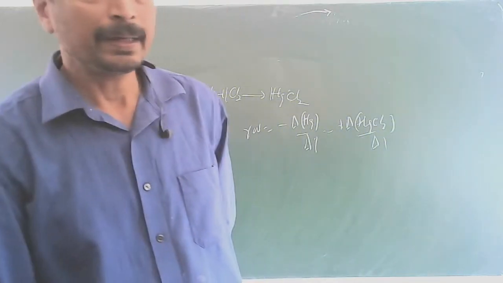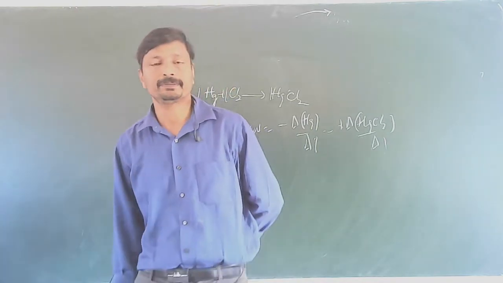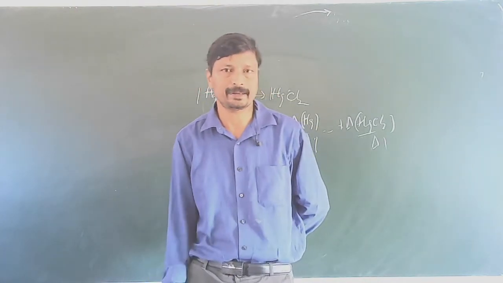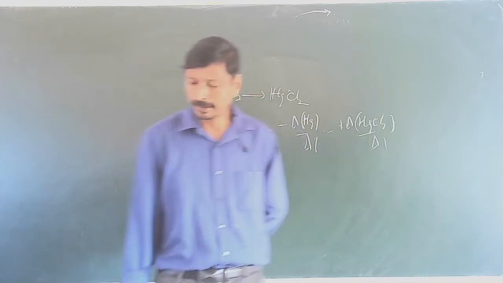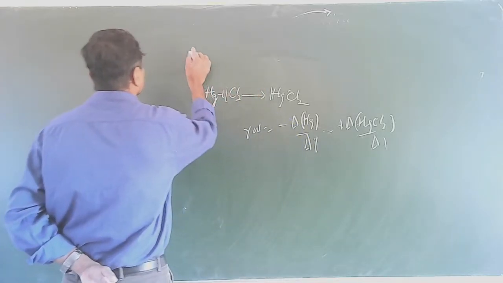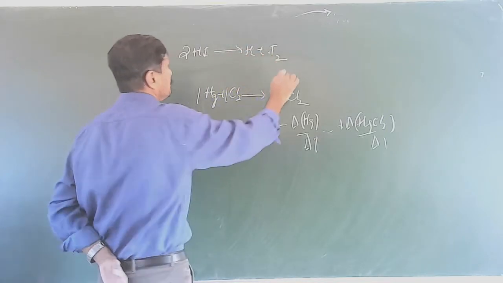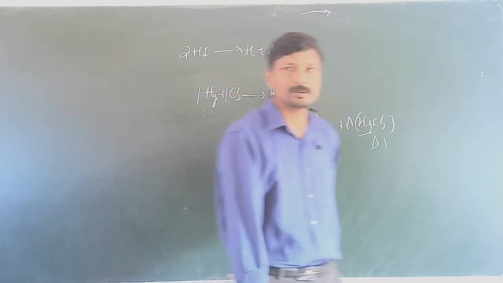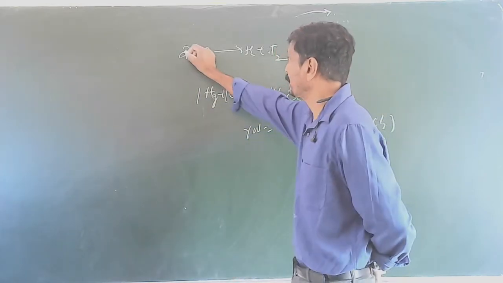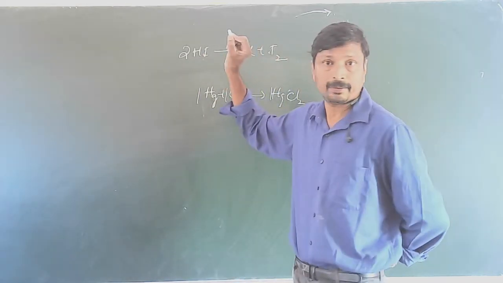After that, I discussed when the stoichiometric coefficients are different. There I discussed two examples. One is 2HI giving rise to H2 plus I2. In this case, if the stoichiometric coefficients are different, then you have to divide by the stoichiometric coefficient.